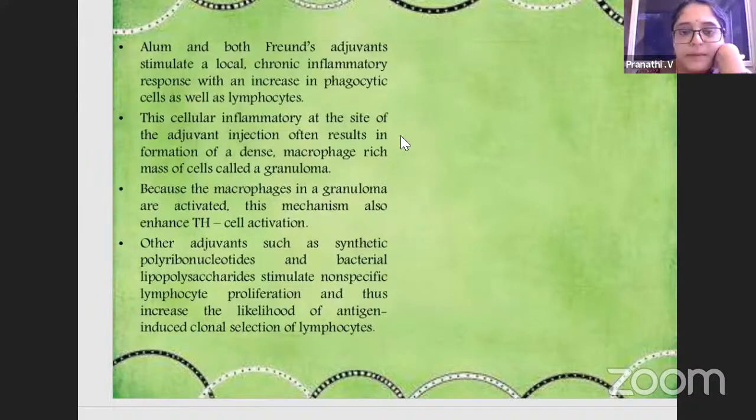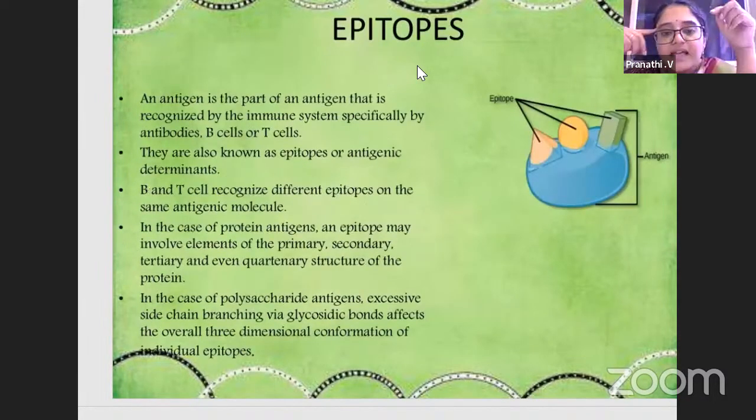Epitopes: the part of the antigen that is recognized by the immune system or the antibody is known as the epitope. Usually it is the protein part, in the case of protein antigens. So it has primary, secondary, and tertiary structures involved.